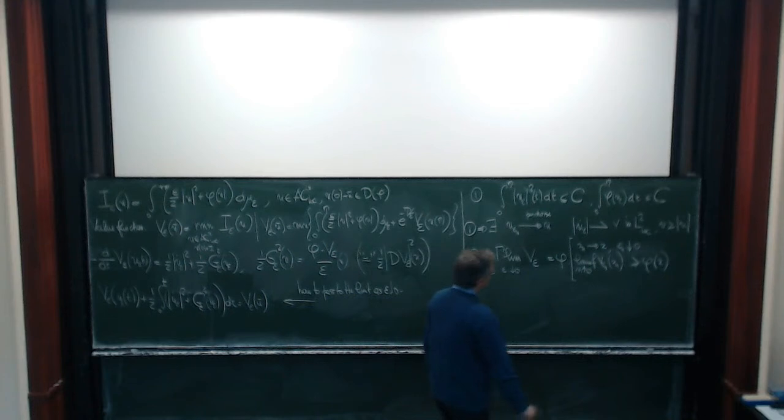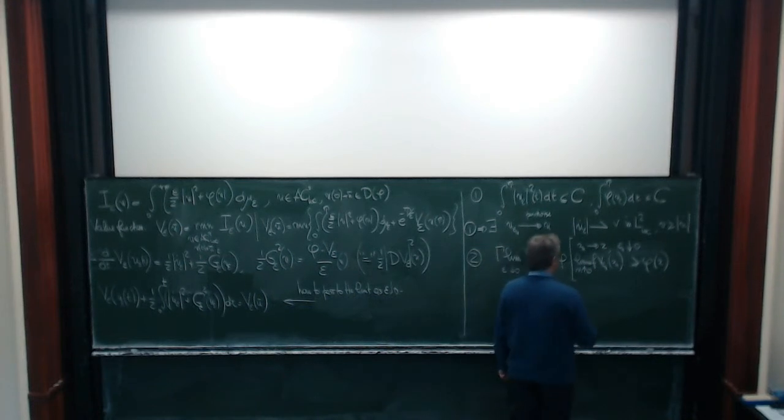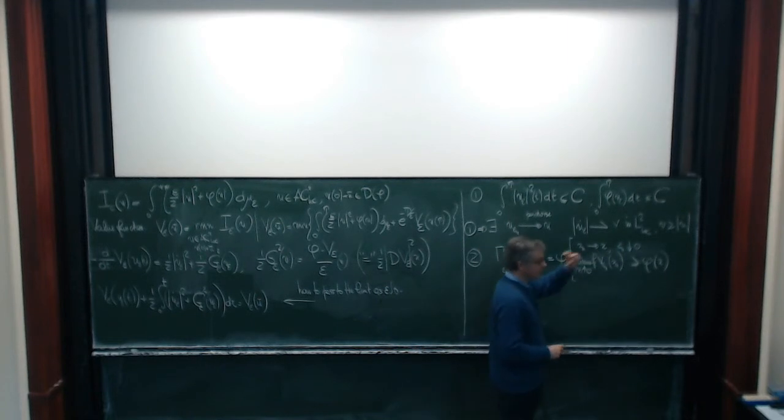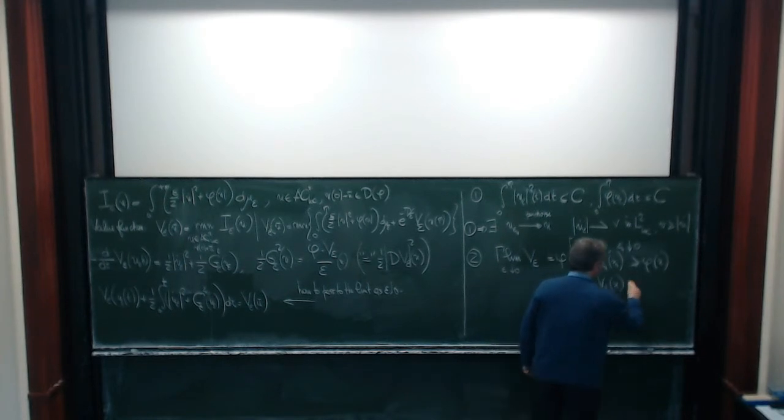And the second piece of information, which I write because it is important, is that you also have a pointwise limit. So if you keep x fixed, you have that the limit, and not only the liminf, as epsilon goes to 0 of v epsilon of x is always equal to phi of x.